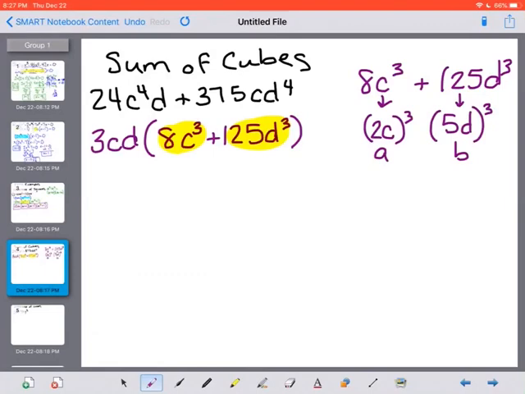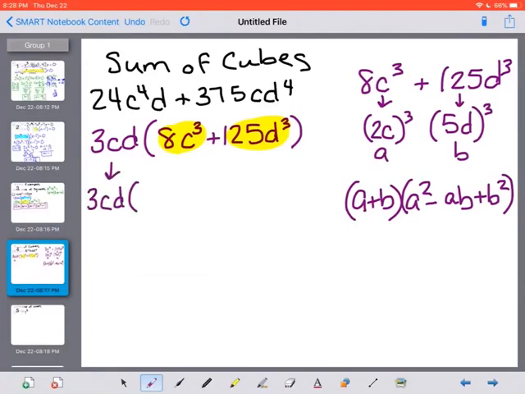Remember, sum of cubes is a plus b times a squared minus ab plus b squared. So I rewrite my 3cd. My a is 2c. My b is 5d. That's my first parenthesis. Now I do the long parenthesis.